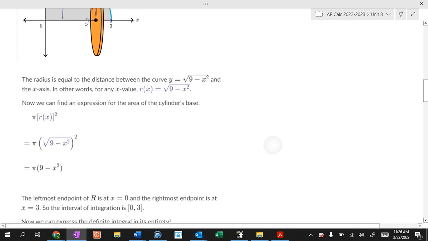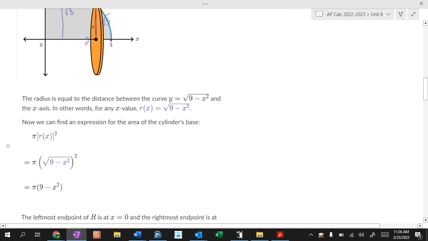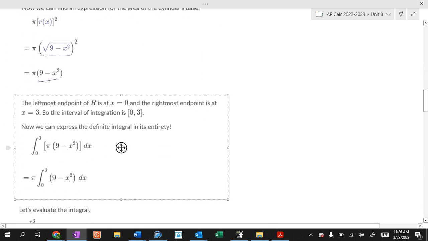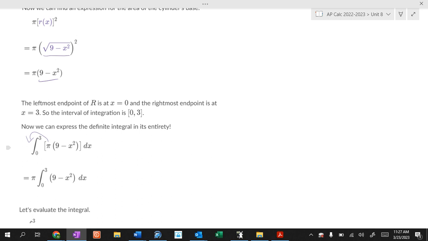So we go pi r squared. If you take this and square it, when you square a square root, you get what's underneath. So we set up our integral from 0 to 3 of pi r squared, and we put the pi on the outside because we want the answer in terms of pi. We throw this into our graphing calculator.